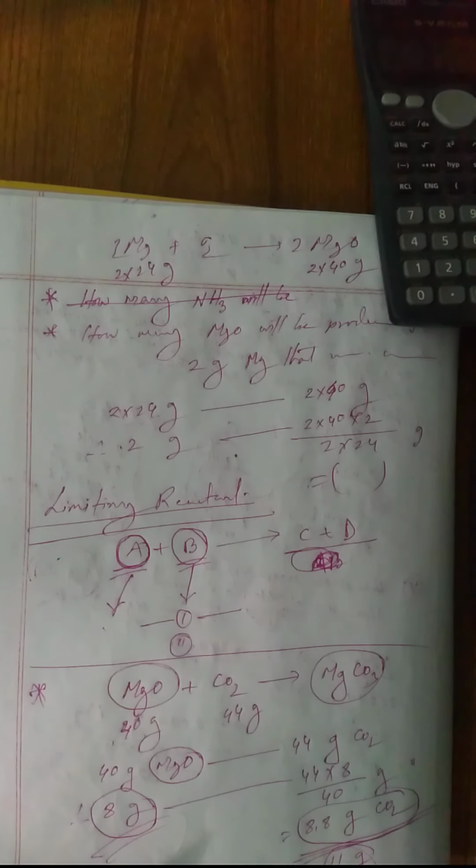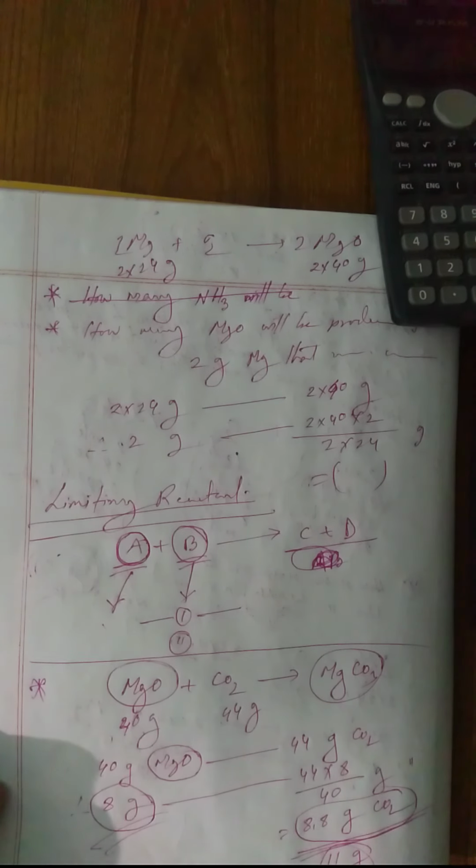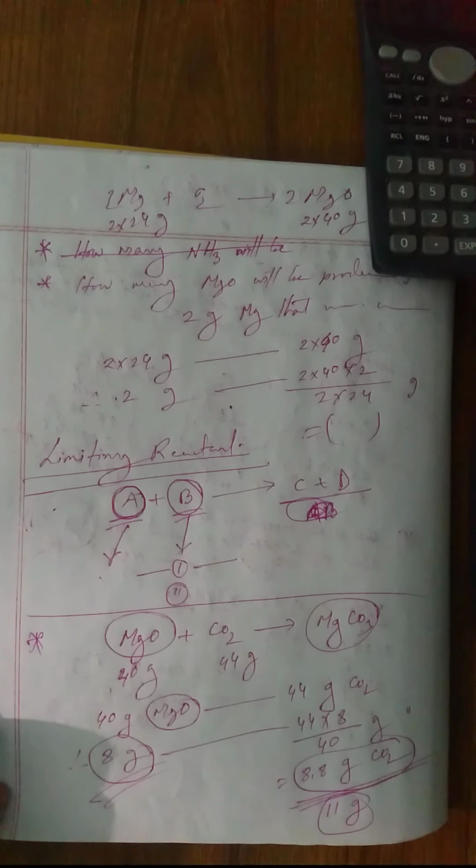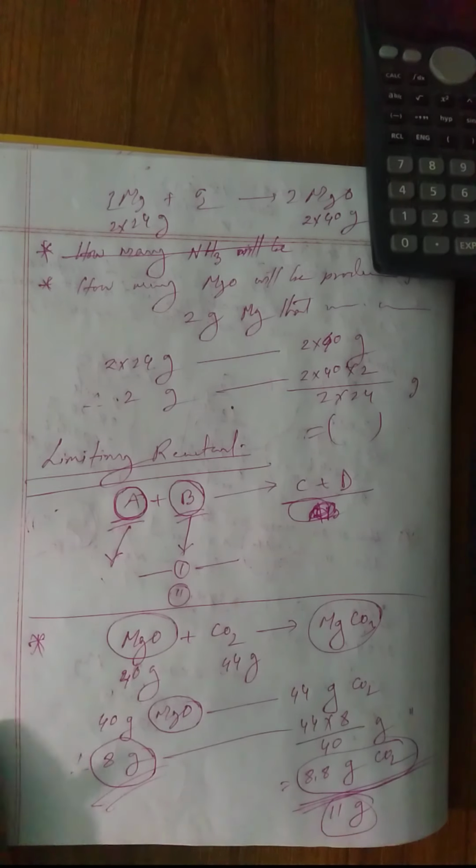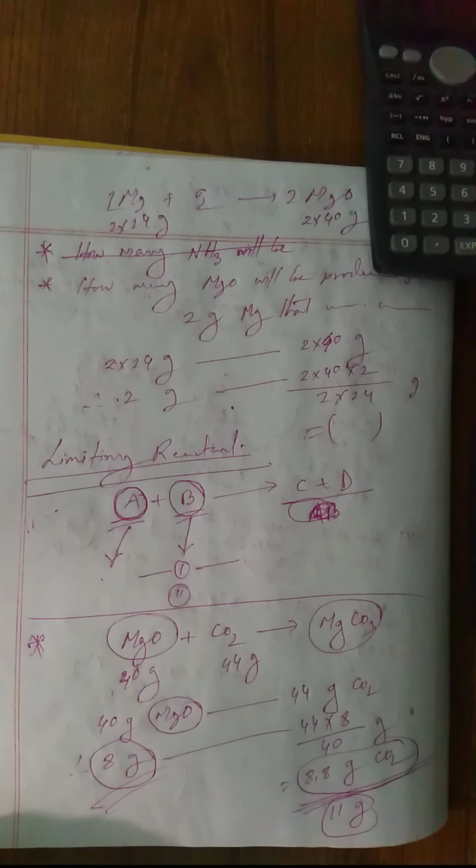If a limiting reactant is present in a chemical reaction, then the expected product will not be produced, because the limiting reactant finished itself fast. That is why the expected product will not be produced.